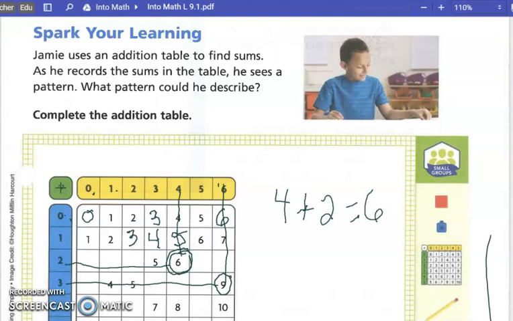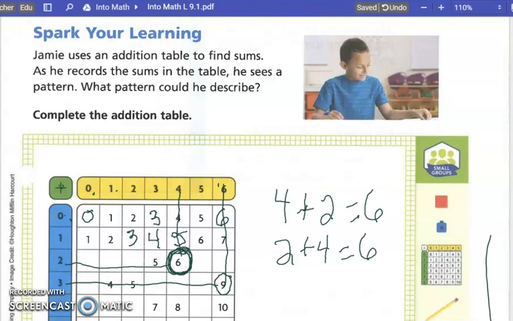Okay. So, Aiden, can you tell me what the other addition fact would be for this? We're going to use our commutative property here. We could start here with plus, right. So there we use the commutative property. Okay. And you can do that with any of the numbers on the table.